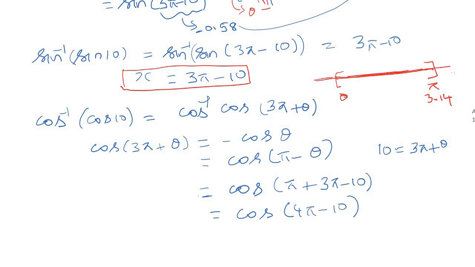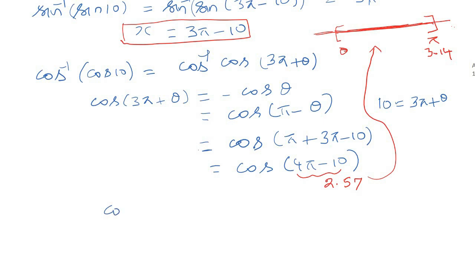Cos of 4 pi minus 10, this value happens to be 2.57. I write once again if you want, 2.57. You see 2.57 is very well within this interval.